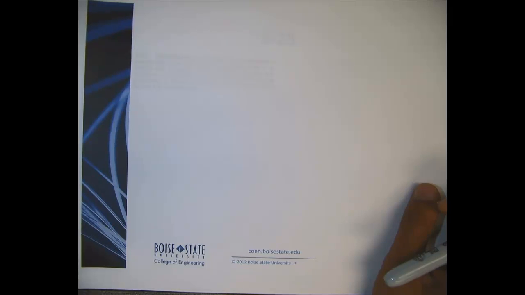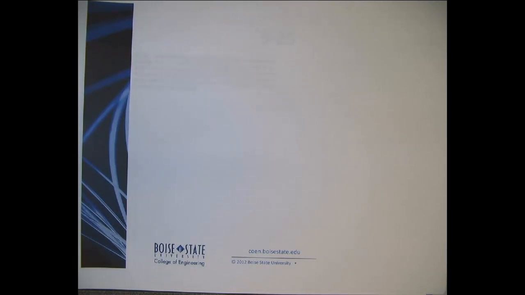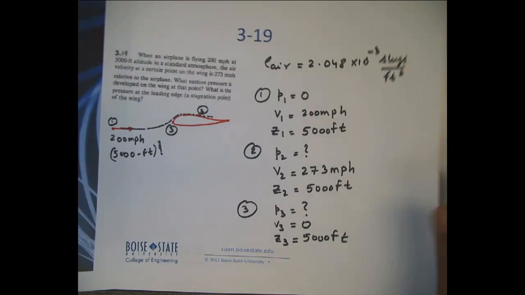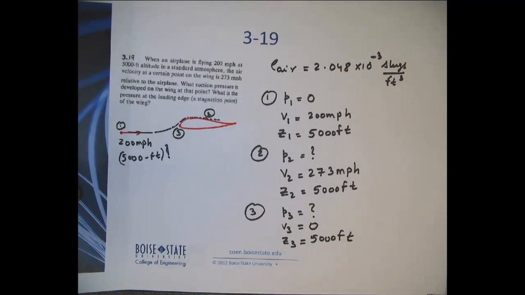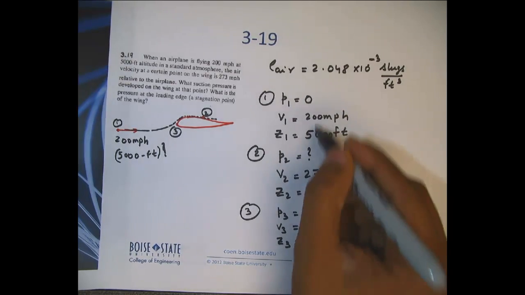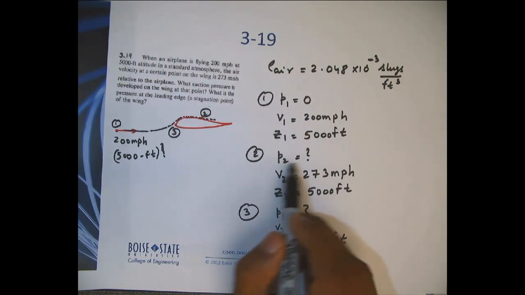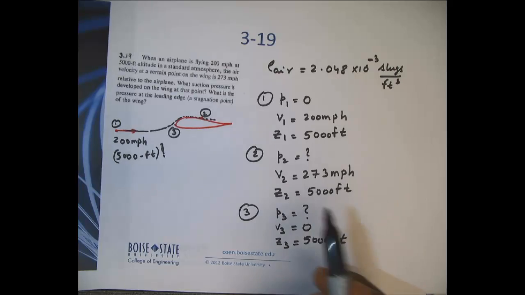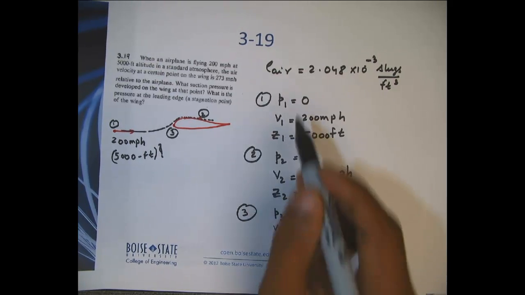First I'm going to apply the Bernoulli equation going from point 1 to point 2, because between these, the only unknown is P2, and I'll come up with one equation so I can easily solve for P2.